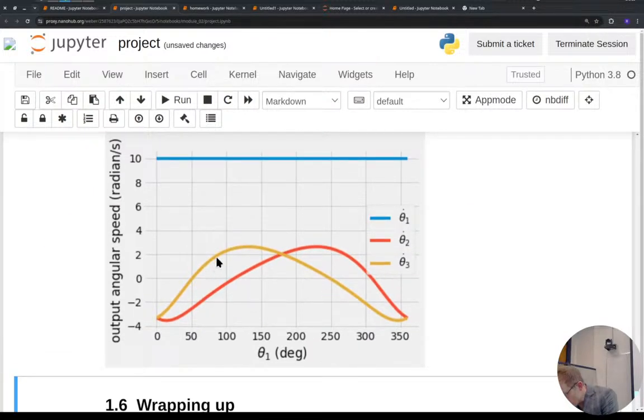So we're somewhere over here, right? Theta 2 dot is like 1 radian per second, and theta 3 dot is over here. As we keep moving, at some point theta 2 dot becomes negative, like it's moving backwards. Same thing with theta 3 dot. Cool, kind of cool.